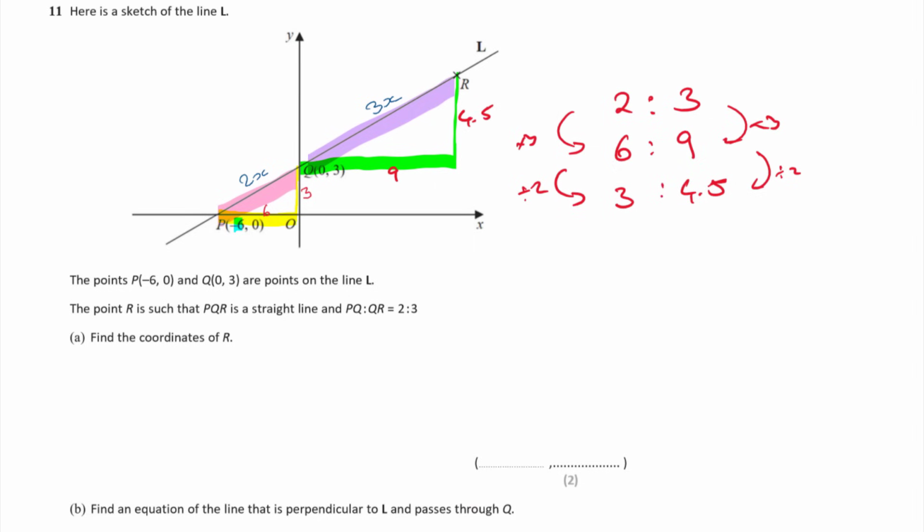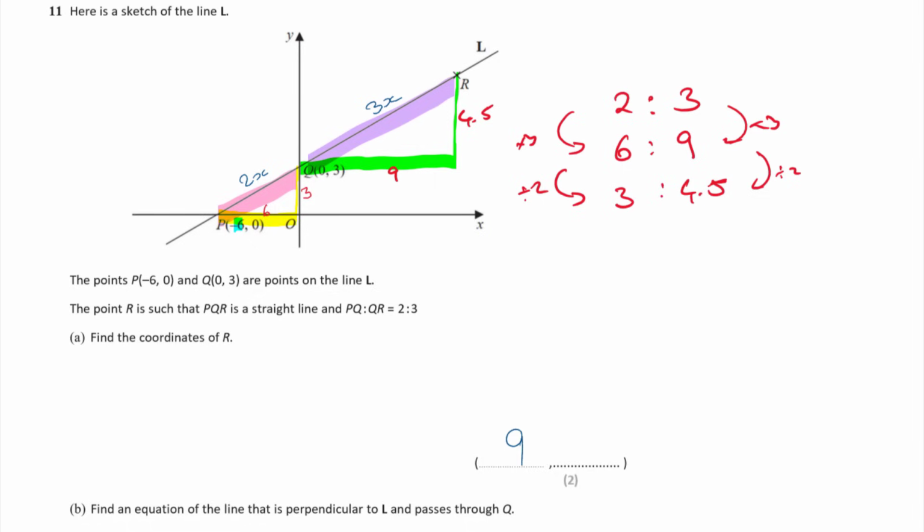Okay, so how does that help us? Can we use that to find the coordinates then? I want to find the coordinates of R. So if I'm at Q and I'm at the coordinates 0, 3, and I go 9 units to the right, then my R coordinate is going to be 0 plus 9. It's going to be at 9 there.